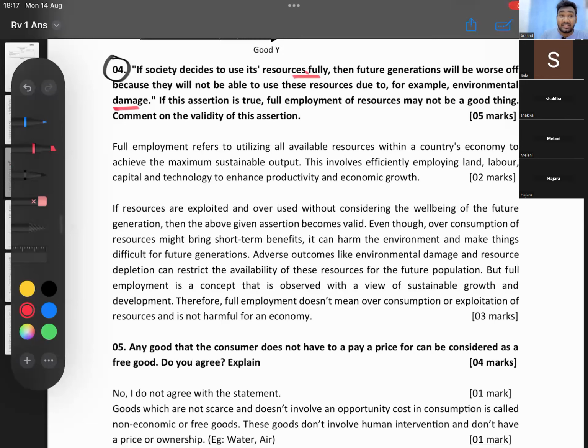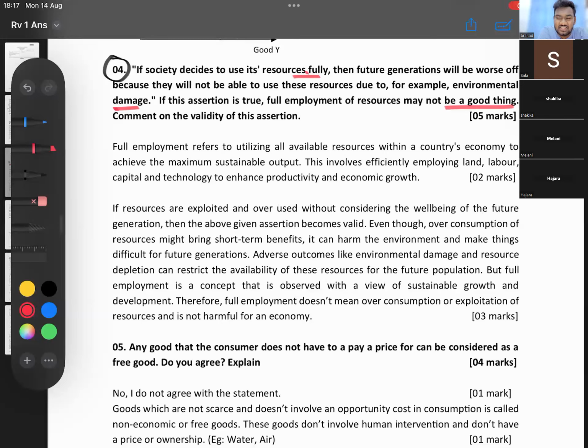If this assertion is true, full employment of resources may not be a good thing. In unit number 1, towards the end, we learned something called full employment of resources. How many of you all remember that word? What is full employment? Full employment means using all your resources and producing the maximum sustainable output, right?